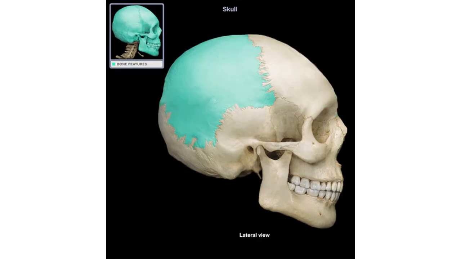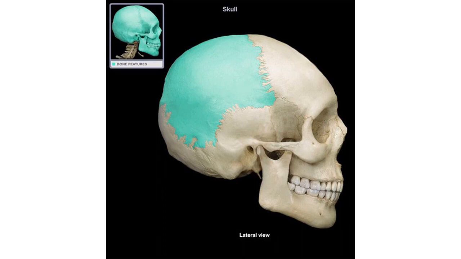And posterior to the frontal bone is the parietal bone, the bone that surrounds the lateral part of the cranium, therefore it is called parietal.